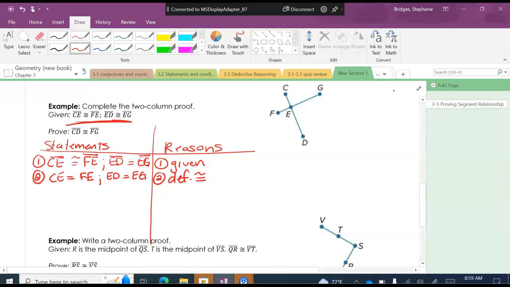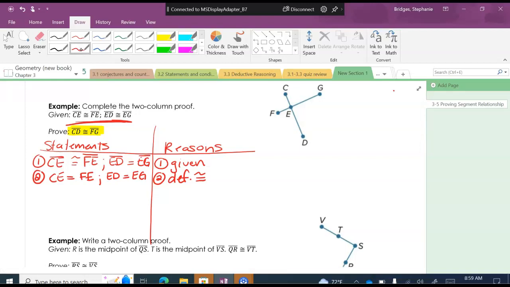If I know two things are equal and I don't have any values, can I go any further? Does that tell me anything else? No. Okay. So then we need to look at our picture. Again, keeping in mind what we're trying to get to. We're trying to get to the fact that CD is congruent to FG.